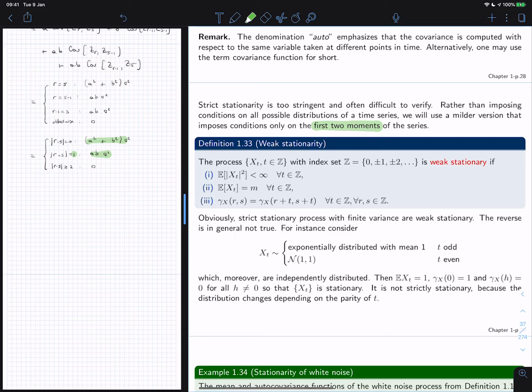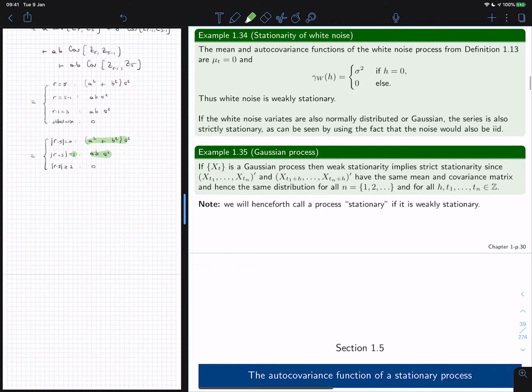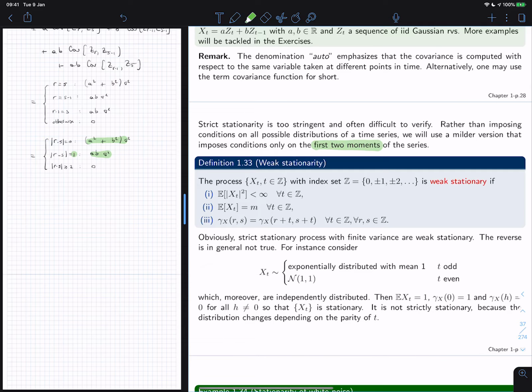And in the sequel, we change the definition of stationary. When we speak of strict stationarity, we mean what we meant by strict stationarity. But if we speak of stationary, what we mean in fact is weakly stationary, where weakly stationary is what? Well, it's what's in here.